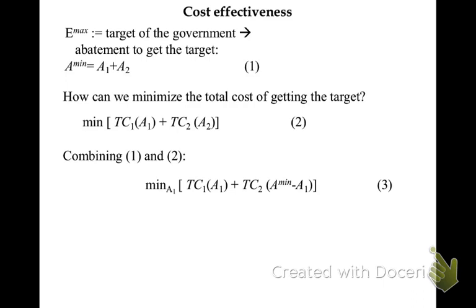Now we can do the derivative, and of course we get that the marginal abatement cost of the first firm must be the same as the marginal abatement cost of the second firm.